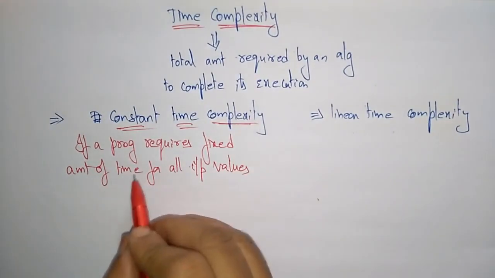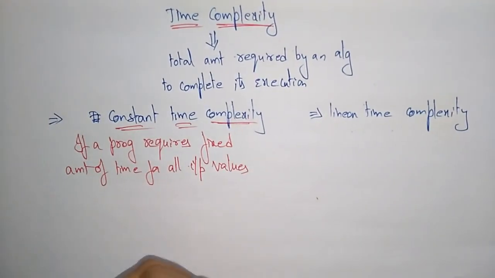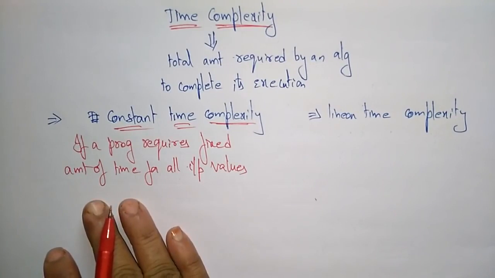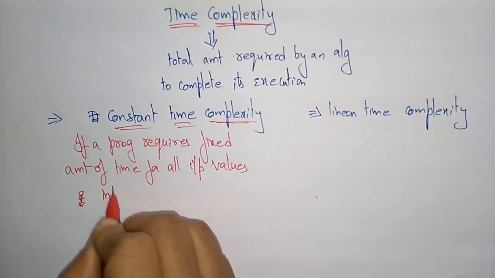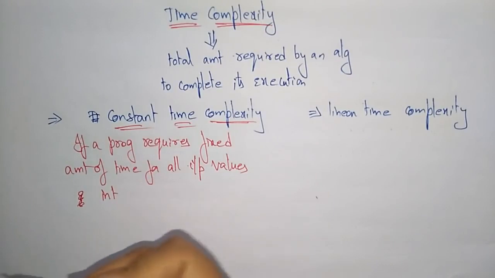Okay, if a program requires a fixed amount of time for all input values, then it is a constant time complexity.